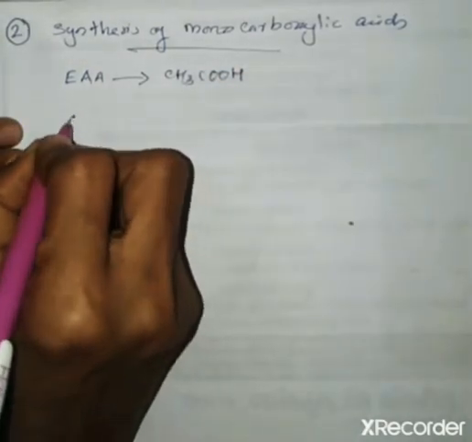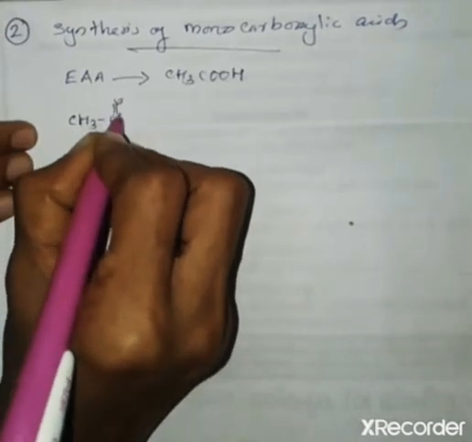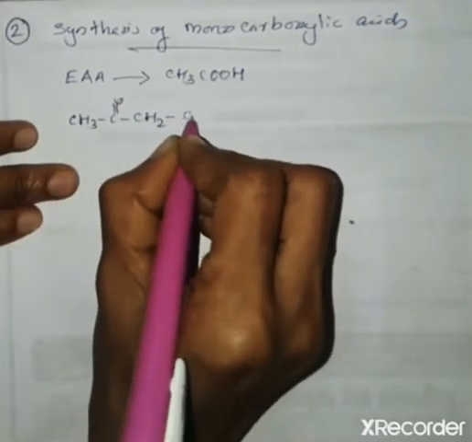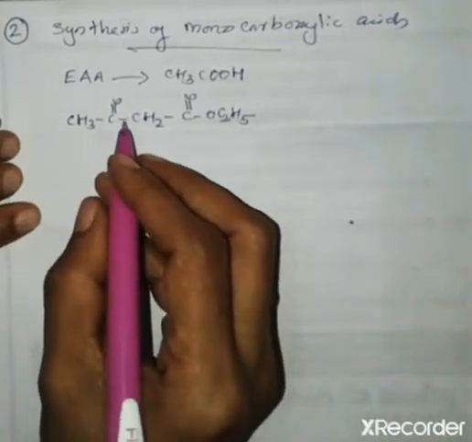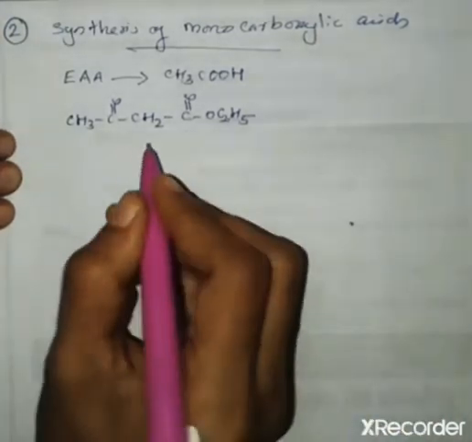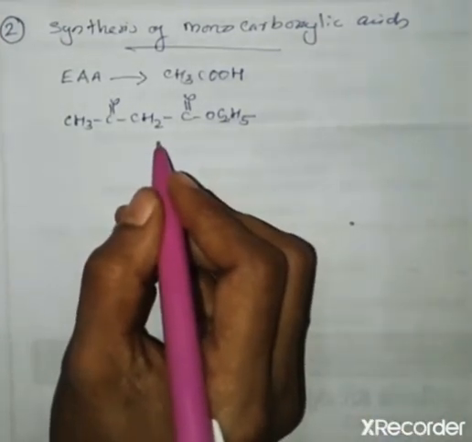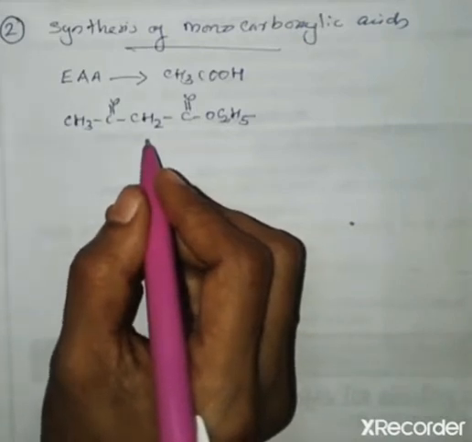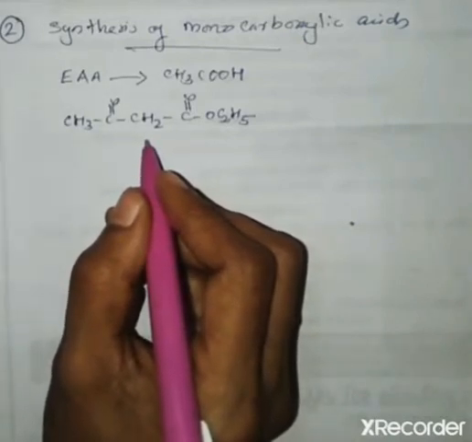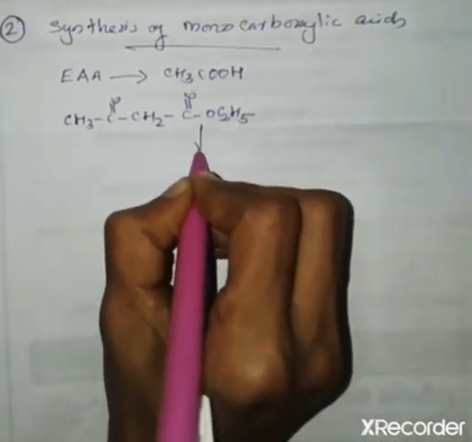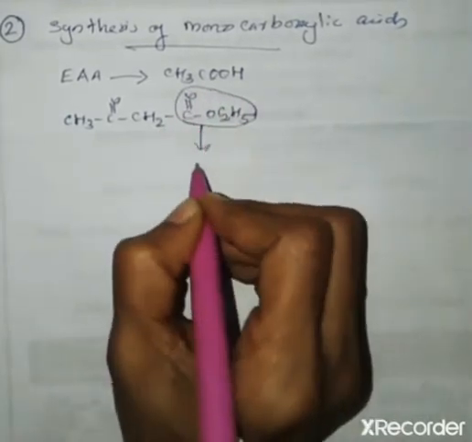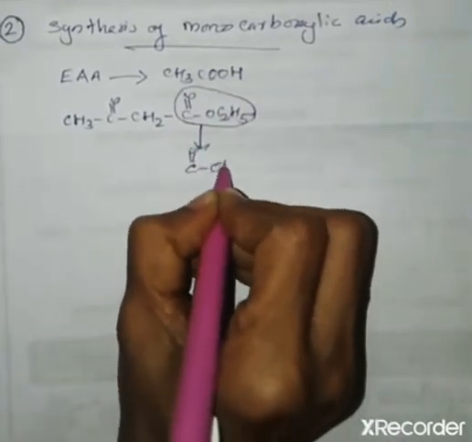First, CH3, C double bond O, CH2, C double bond O, OC2H5. We want to convert it into acetic acid. How is it possible? In the previous class we studied that on hydrolysis with aqueous KOH, we can hydrolyze only this ester part and it is converted into C double bond O, OH.